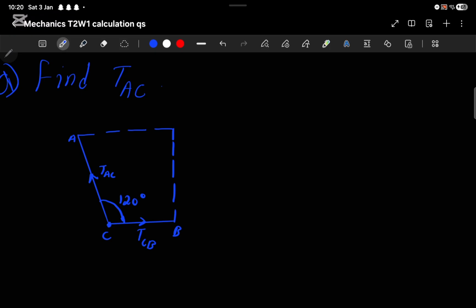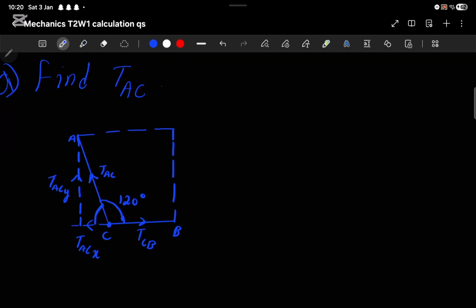TAC has components, right? So we're going to draw the vector triangle. This is the x component of TAC, so this is TACx, and then this here is TACy. Now, 120 degrees means that this angle is 60 degrees, right?